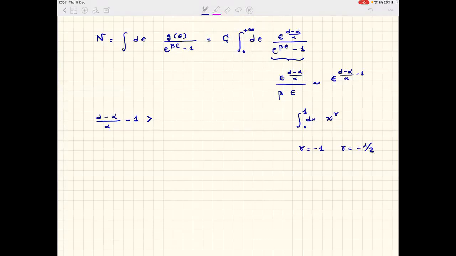So when is this integral convergent? Gamma is greater than what?